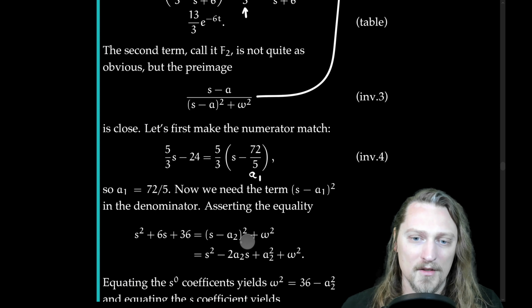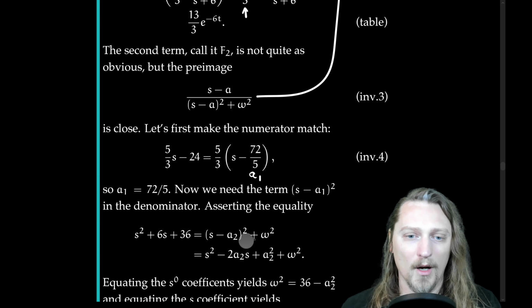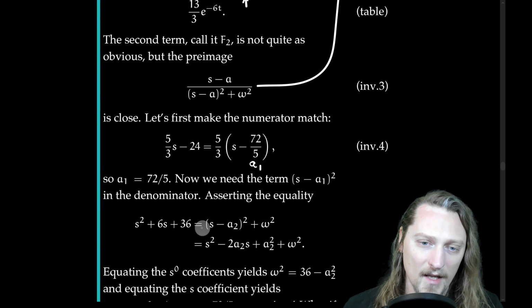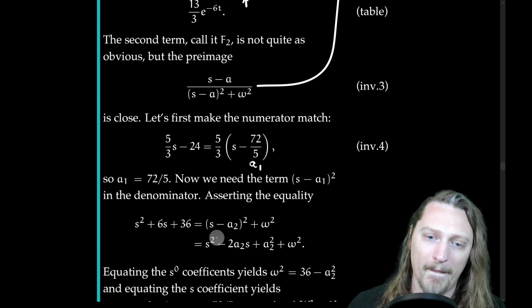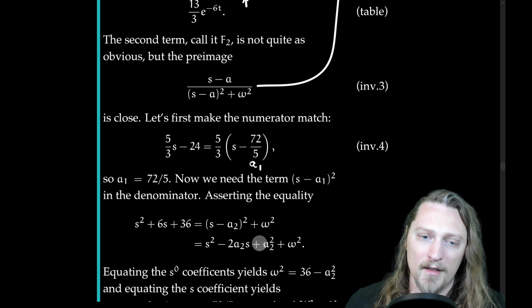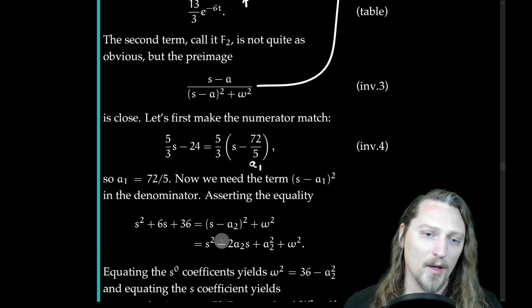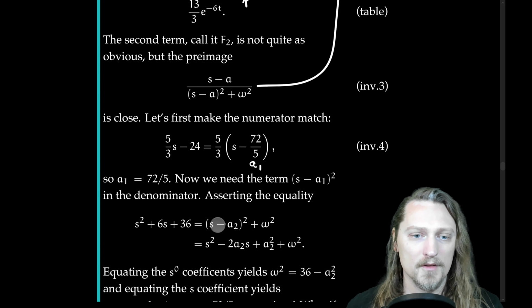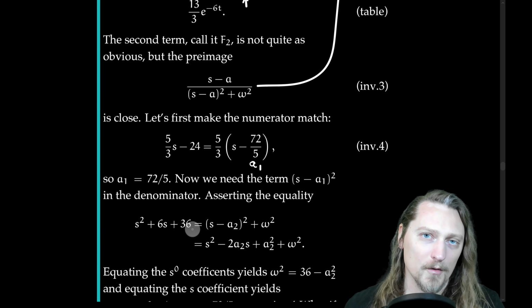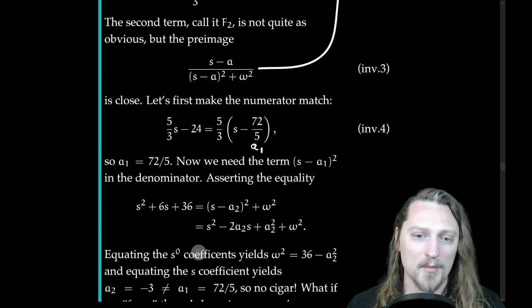So a2 and omega are the two unknowns here. We expand out this right-hand side, and this gives us coefficients that must be equal on the left-hand side polynomial and the right-hand side polynomial. So the s to the 0, or just the constant term in each side, they have to be equal.